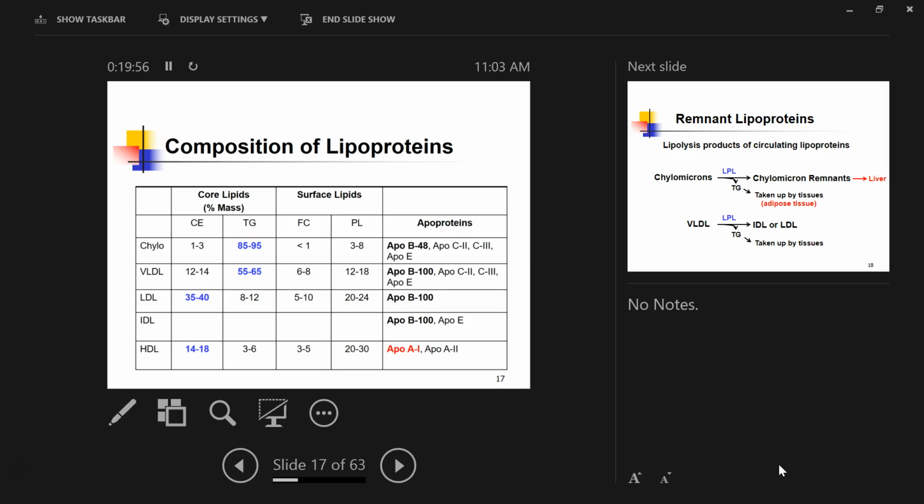And also we just mentioned ApoC2 is the apoprotein that helps lipoprotein lipase activity, right, function. So that also makes sense because these two lipoproteins, chylomicron and VLDL, carry triglyceride mainly, right, from either small intestine or liver to the adipose tissue.